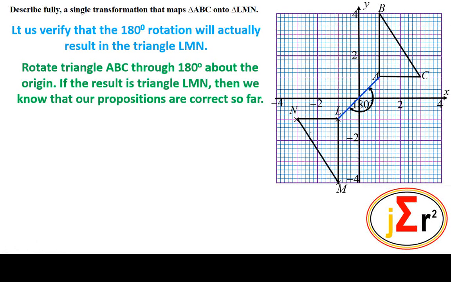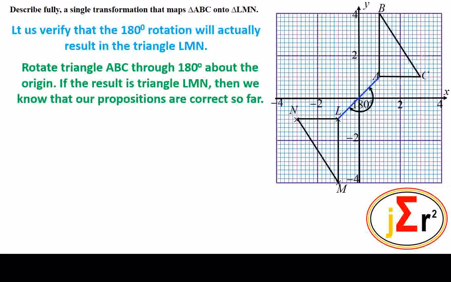If the result is triangle LMN, then we know that our propositions are correct so far. We don't have to do it, but we are just doing that now for verification. And we have the triangle ABC being rotated through 180 degrees. And let us see what will happen. It fits exactly onto triangle LMN.